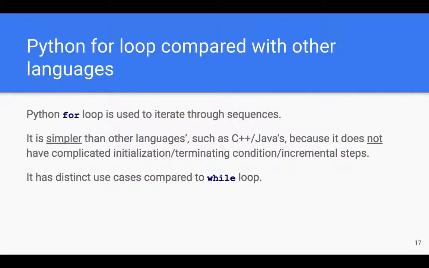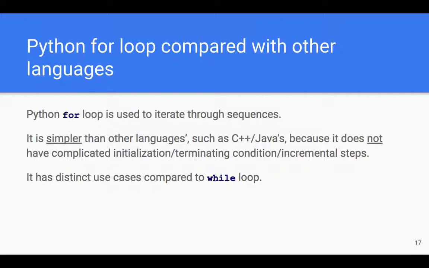I would just want to conclude by saying that, especially for those who knew other languages, the Python for loop, as a summary, is used to iterate through sequences, right? Compared to other languages such as C++ and Java, the Python for loop is actually pretty simple.